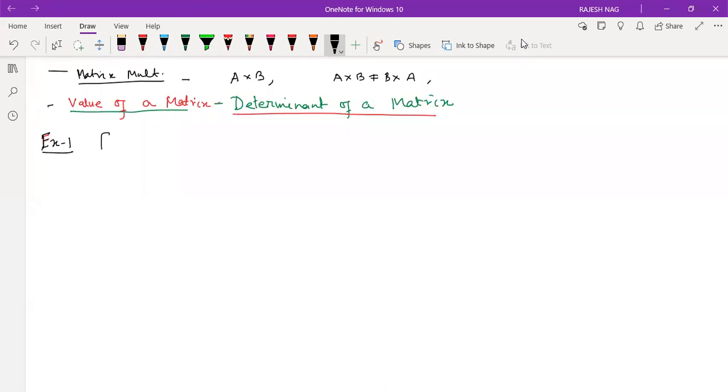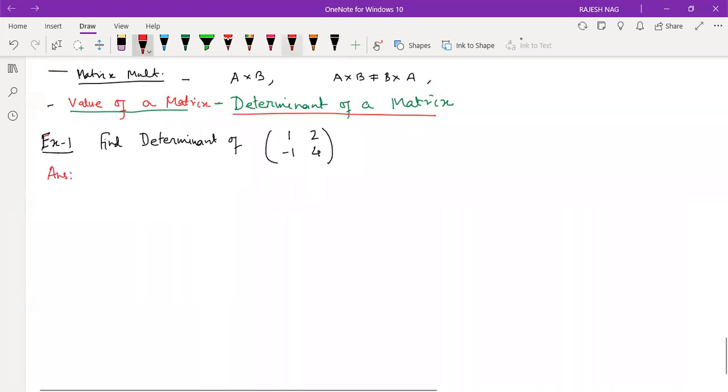Example 1, find the determinant, or you can say the value of the matrix 1, 2, -1, 4. The determinant is represented like this. Let A equal to 1, 2, -1, 4.